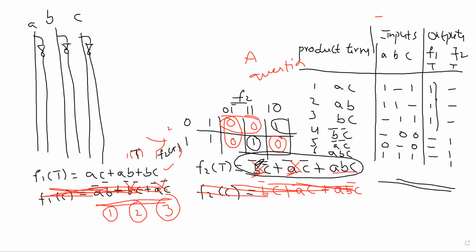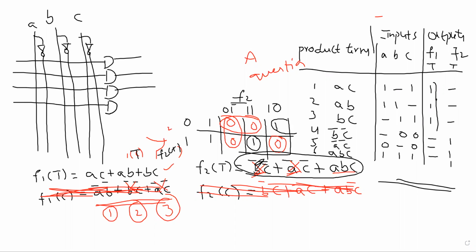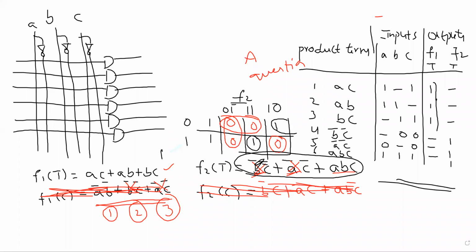Now how many product terms? If you observe, there are 6 product terms: 1, 2, 3, 4, 5, 6. Therefore I have drawn 6 AND gates here.